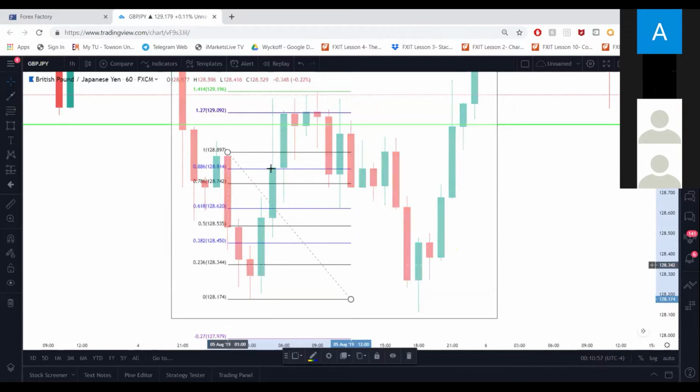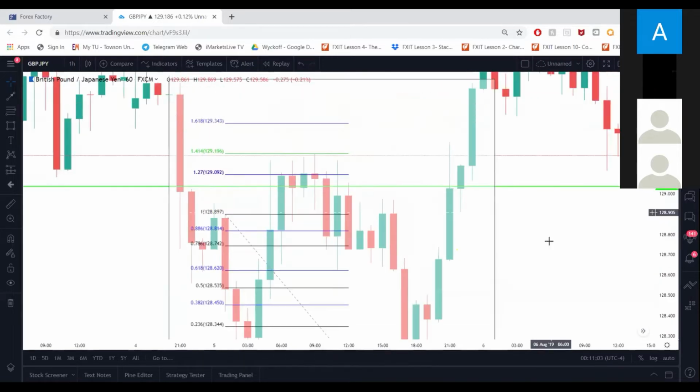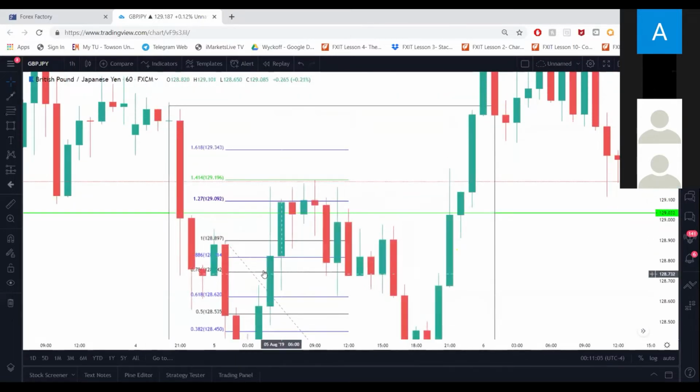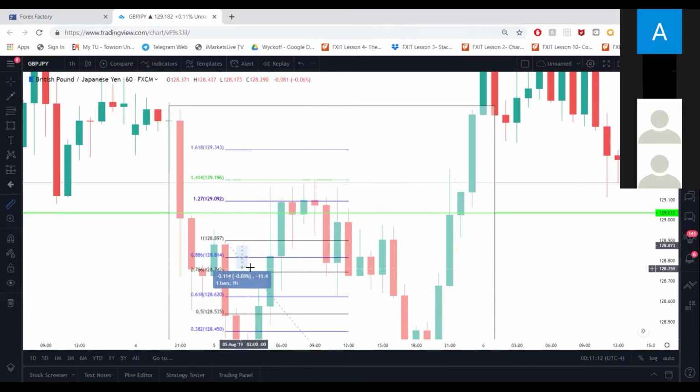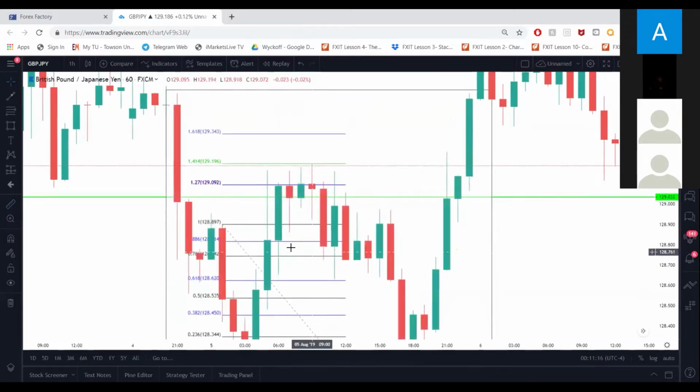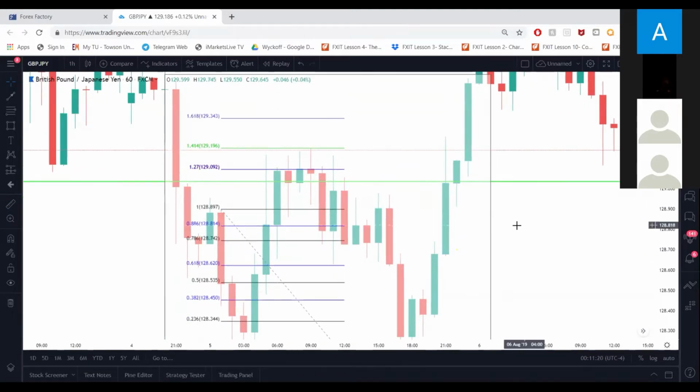And it even exceeded our entry point. You already have a sell from here, so you're already in profit from this entry, and you want to take this additional 11, 12 pips and prevent this second entry going into the loss, which is very important.